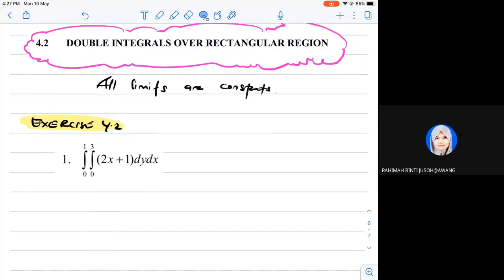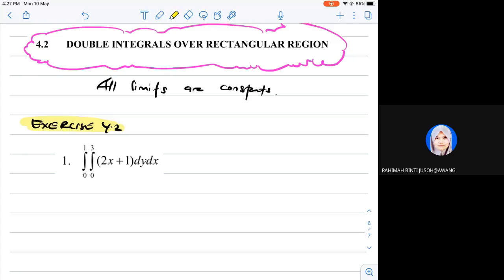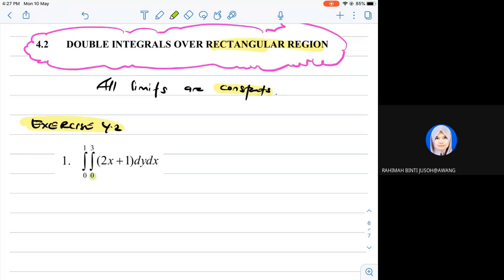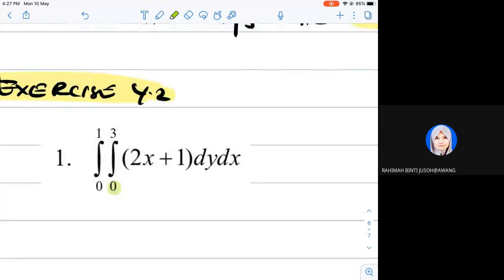Okay, as I mentioned to you, rectangular region means all the limits are constants. So if you notice here, the limits, ini cara baca dia guys. Y from 0 until 3. Maksudnya yang dalam adalah hak milik Y lah. So the limit of Y from 0 until 3.